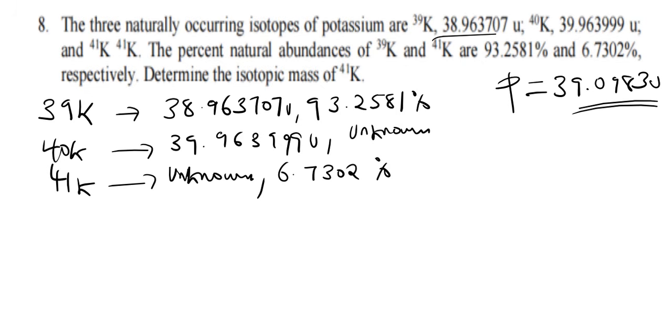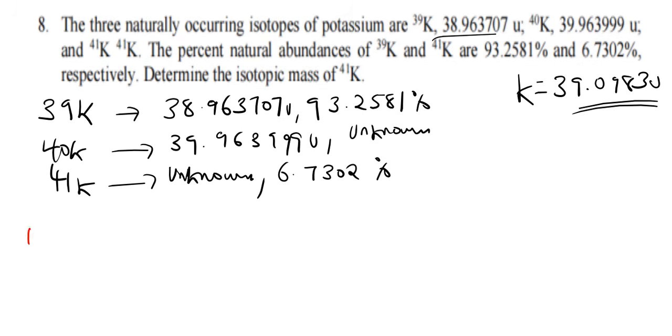That is potassium, your kalium. So we're going to keep this figure there. It's going to help us for comparison. Now we're supposed to first find the missing abundance of 40. Total abundance is 100%, right? Everything is around 100%.